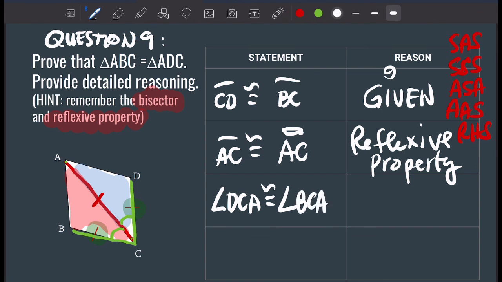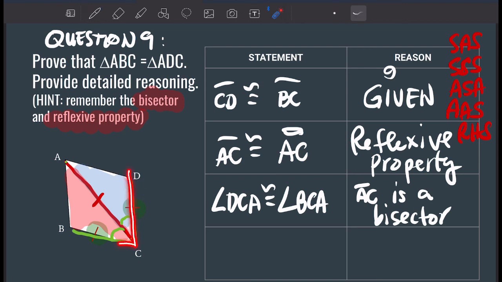BCA. Why? Because line AC is a bisector. And we all know that a bisector divides an angle. This big angle is now 2 smaller equal angles, which is DCA and BCA.